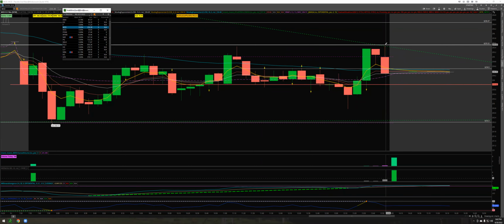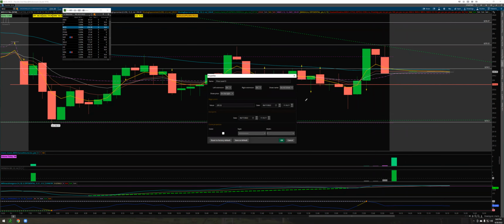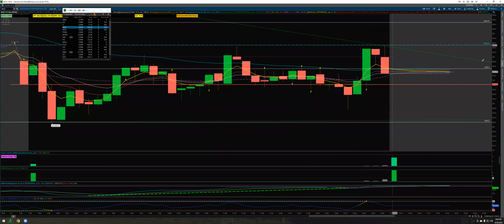So my pivot will be, where's the price? The price is around here. I have one level here. So it can be either this level here or this one. I like this more because once it breaks this one, it breaks the trend, this small trend. So I will change this, and that's my pivot.